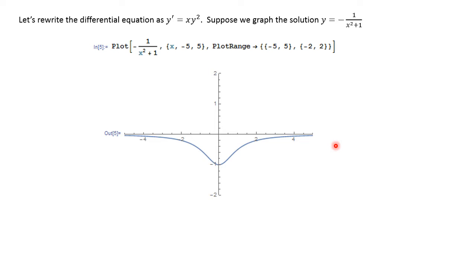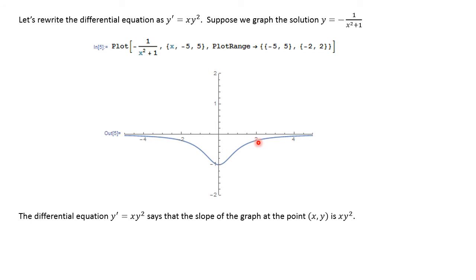And if we pick a point on this bell curve, we'll see that the slope of the graph at that point is xy squared, for the very reason that this function is a solution to this differential equation, and this differential equation says the slope of your unknown function has value equal to xy squared.